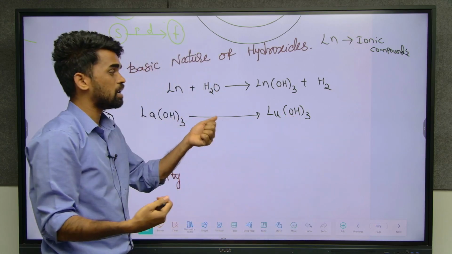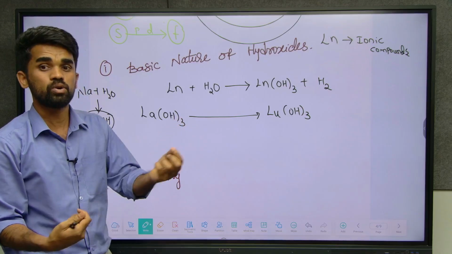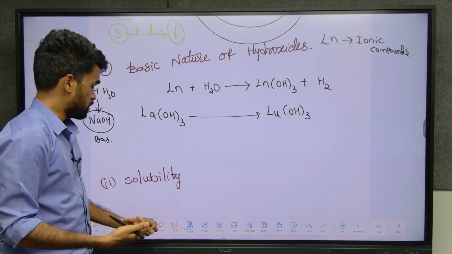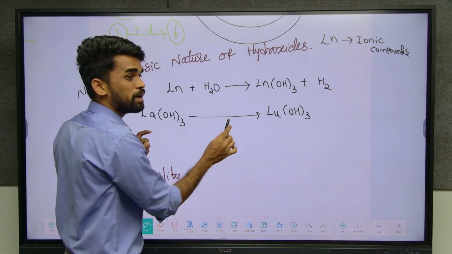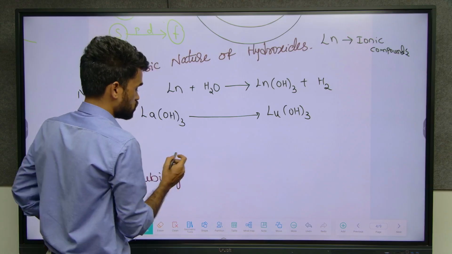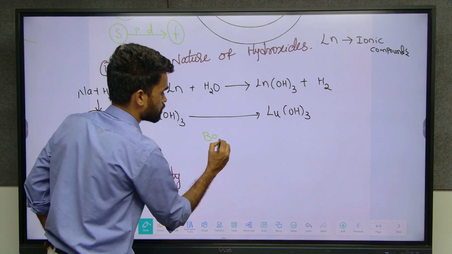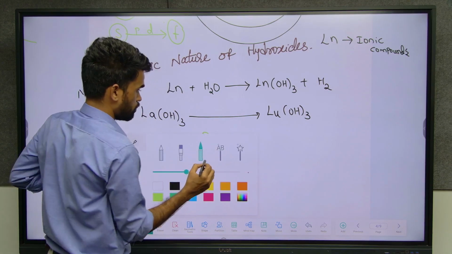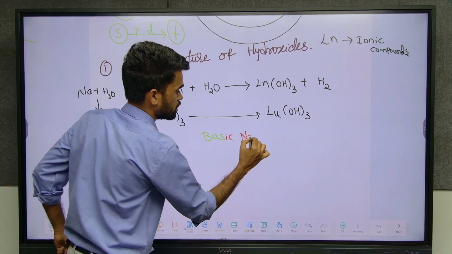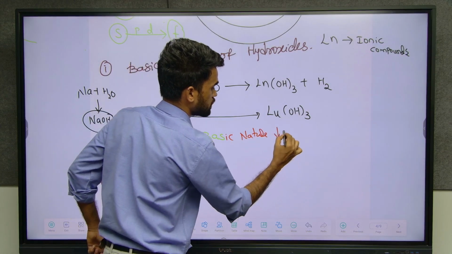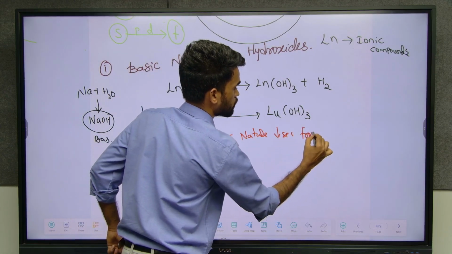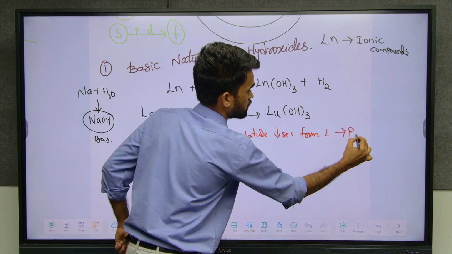Which compound will give OH minus easily? Lanthanum. So basic nature decreases from left to right.